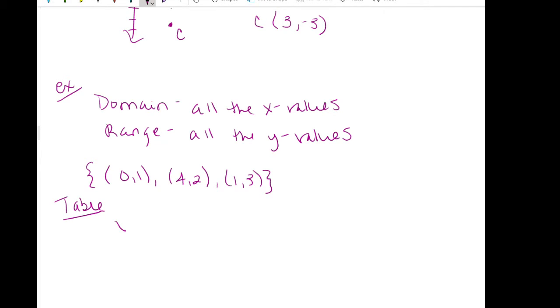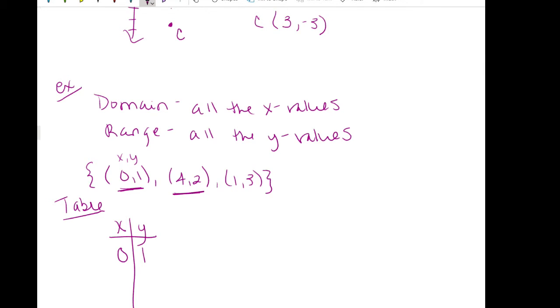And what that means is basically I'm going to write it like this. I'm going to take my first point, 0, 1, which remember everything is written in x, y form. And now I'm just going to input that into my table. So where I see the x, I'm going to put the 0 underneath, and for the y, I'm going to put 1.